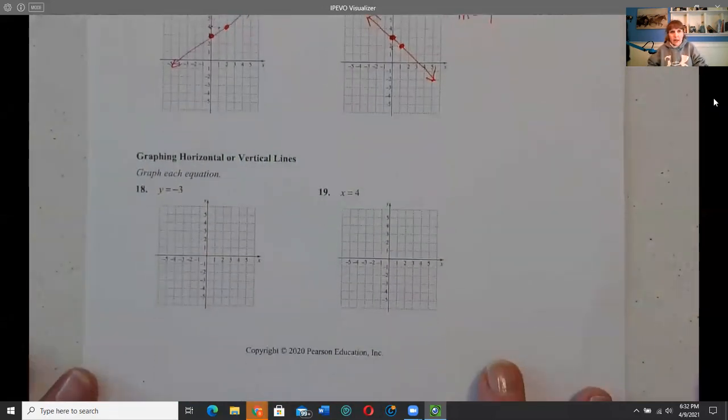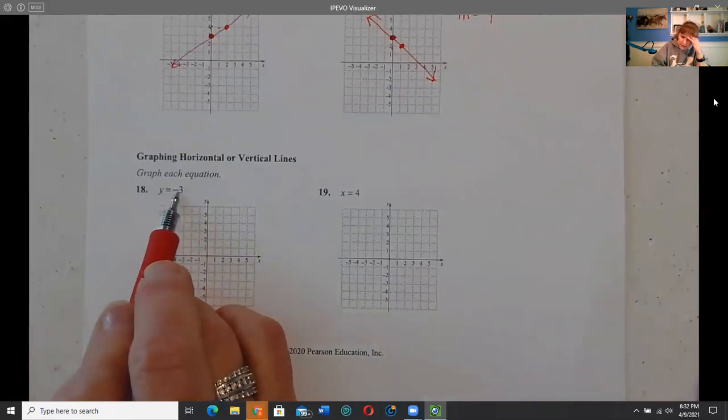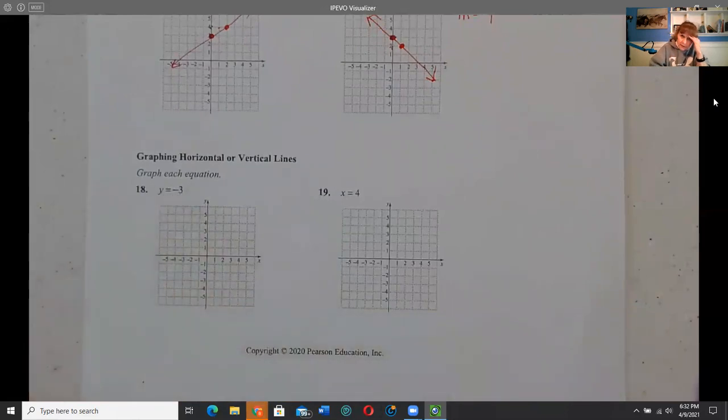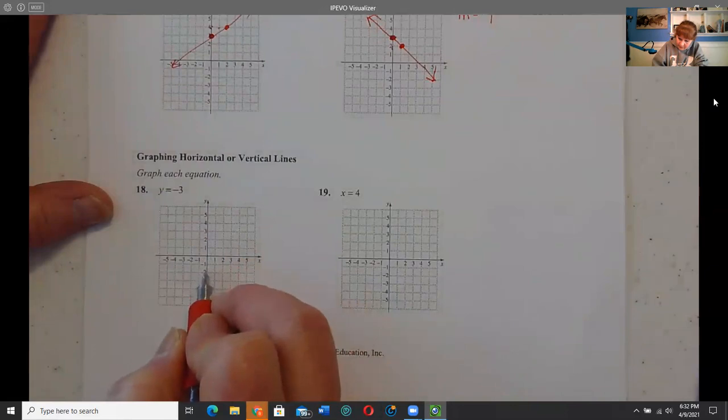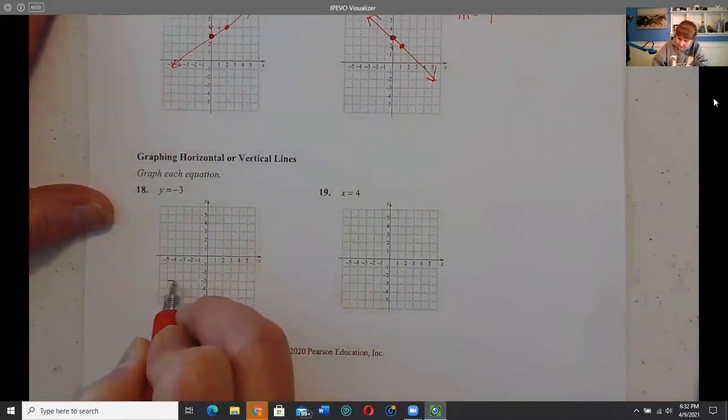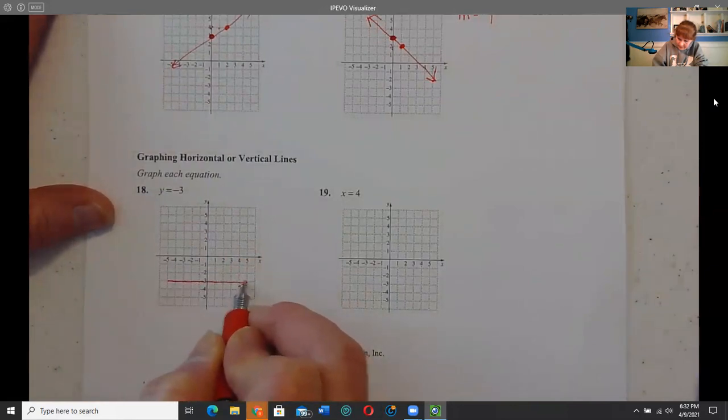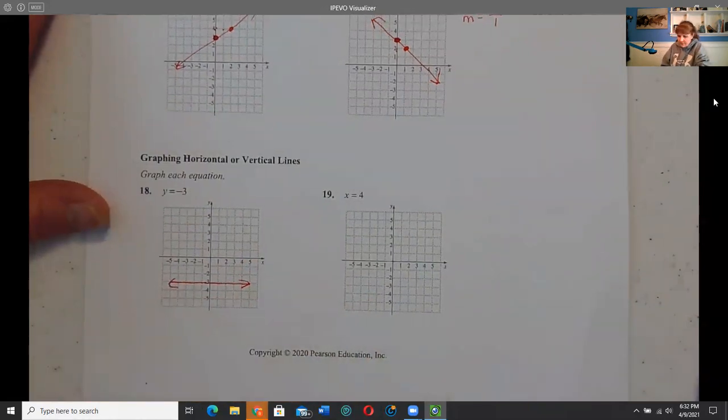But here, if we have y equals -3, so y equals -3 is a horizontal line. The number in front of the x is a 0. Now the horizontal line is going to go through -3. So you go to -3. Okay.